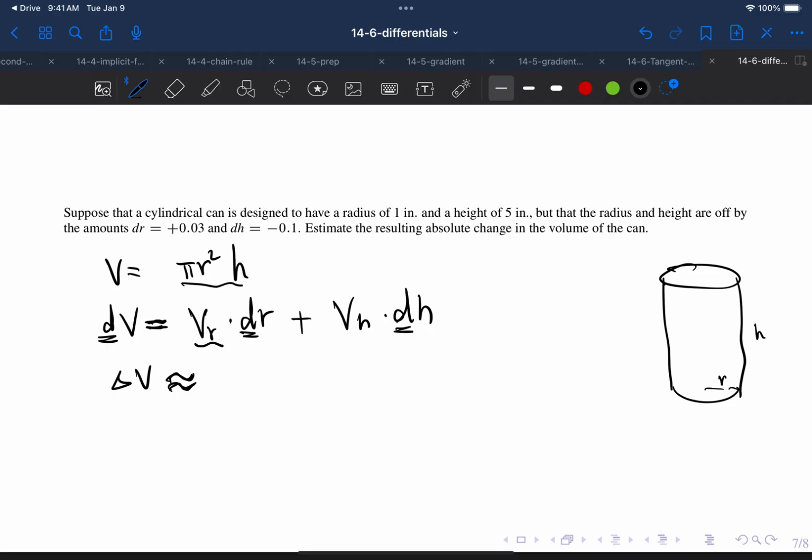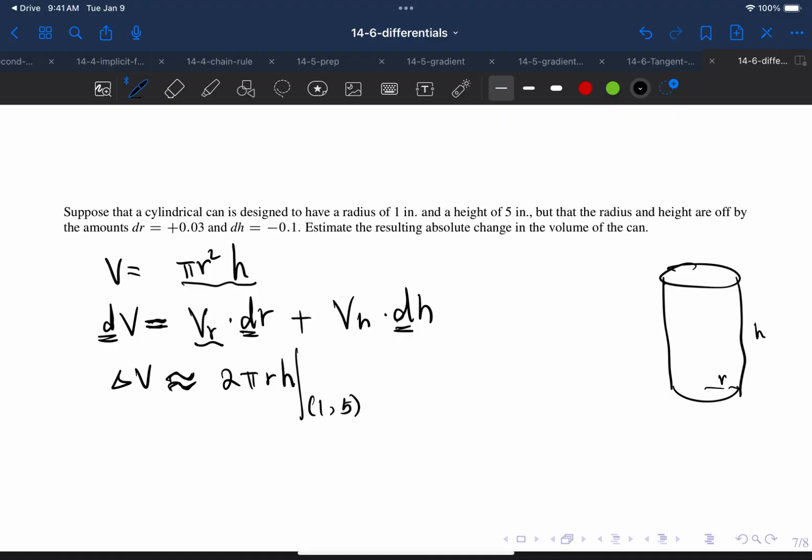VR is the partial derivative of this with respect to R, so 2 pi RH, and R equals 1 and H equals 5, times delta R. Here delta R is going to be 0.03. So maybe I can write this in the next line.